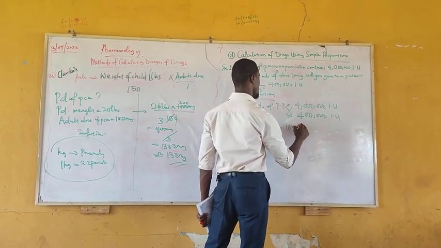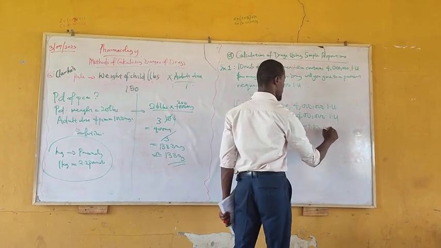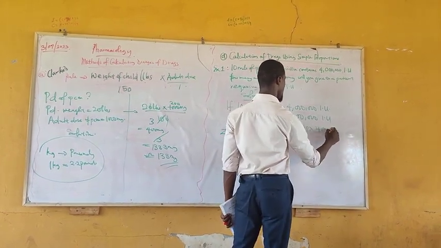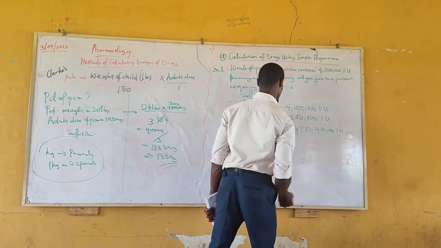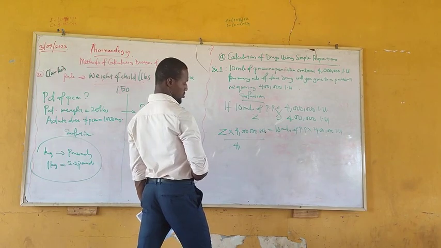10 mils of PP times 400,000 IU. So we divide both sides by 4 million.